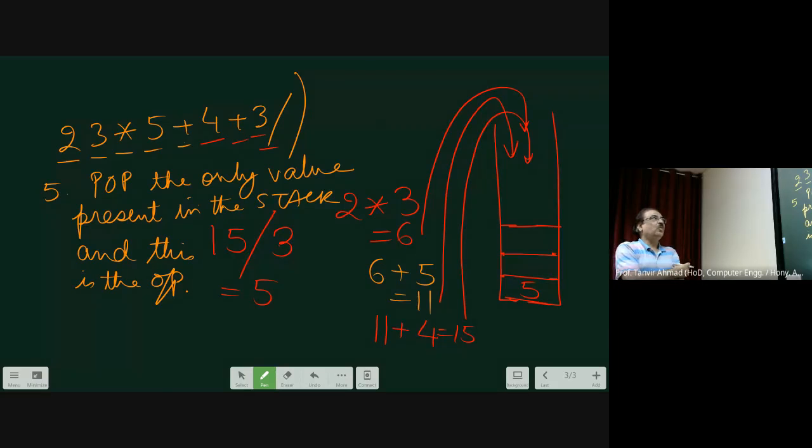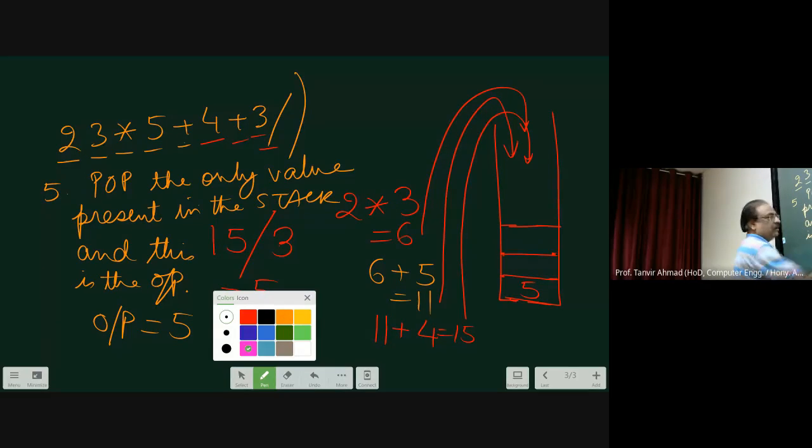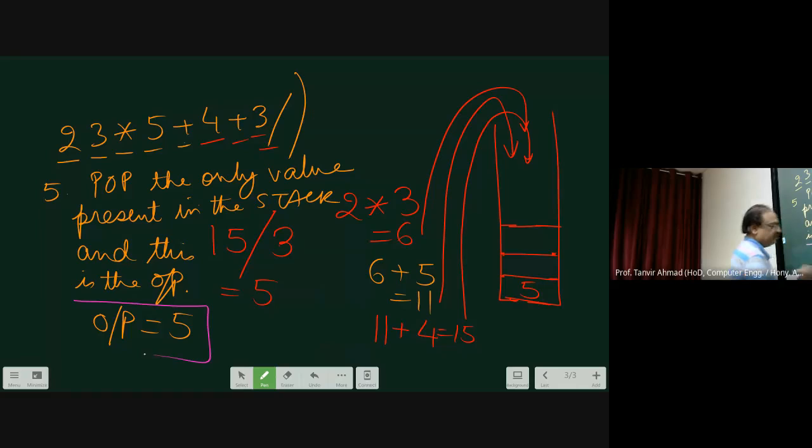That means once I encounter a right bracket, I'll pop the only value from there, and therefore in this case the output will become equal to 5. I will get the output to be equal to 5, which indicates that this should have been the output. If output is 5 is correct, and when I evaluate the infix, I also got the output as 5. It indicates that the equivalent postfix and that infix are the same.